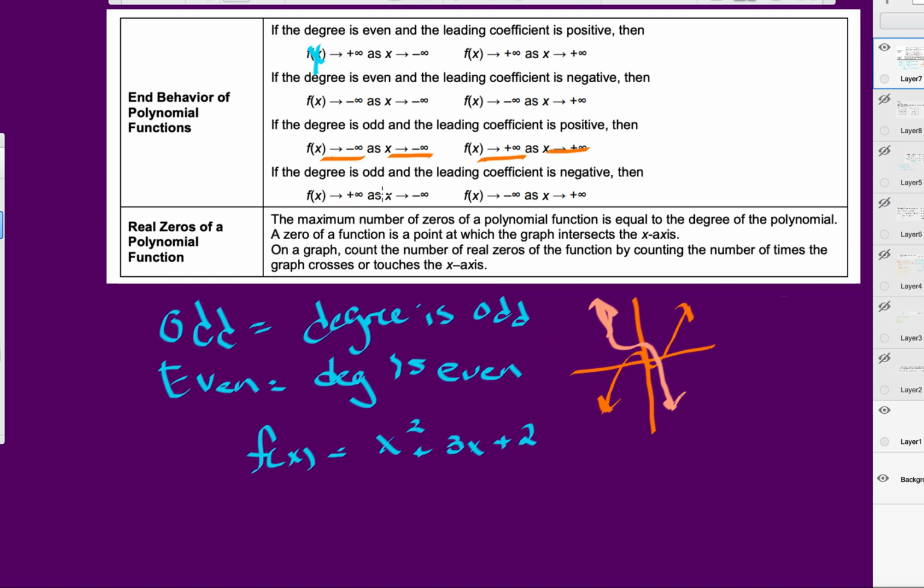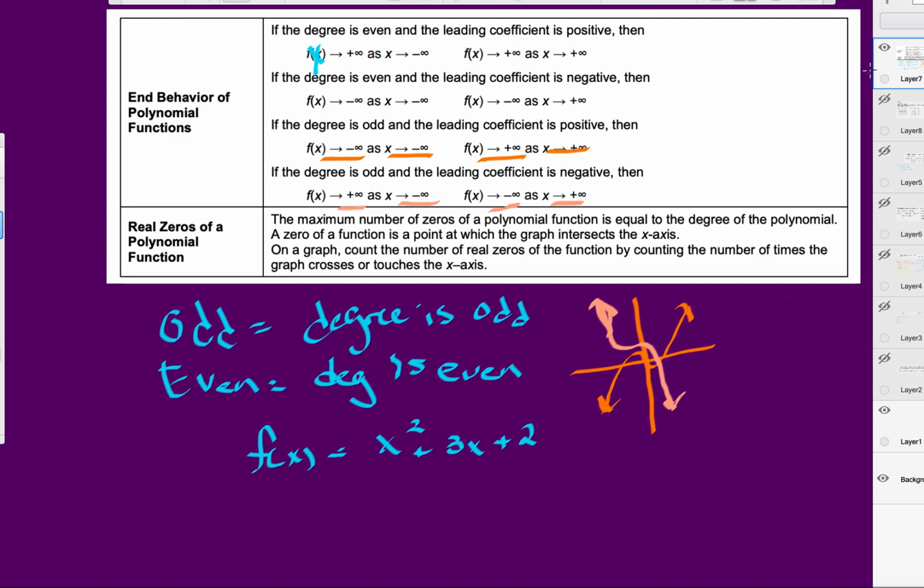So as x moves to the left with this one, the y value keeps getting greater. It keeps going up, and vice versa. As x approaches positive infinity way out here, the y value will keep getting smaller and smaller and smaller and keep going negative. And that's really all there is to it. It's not a big deal.